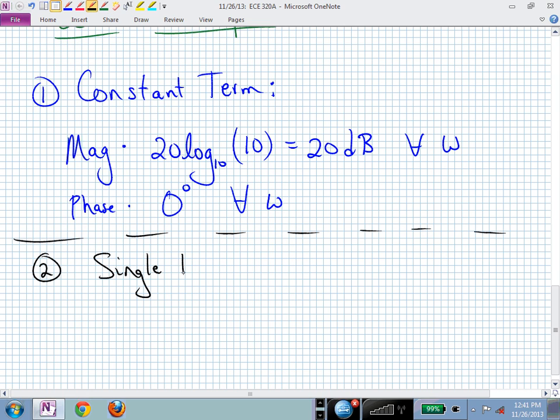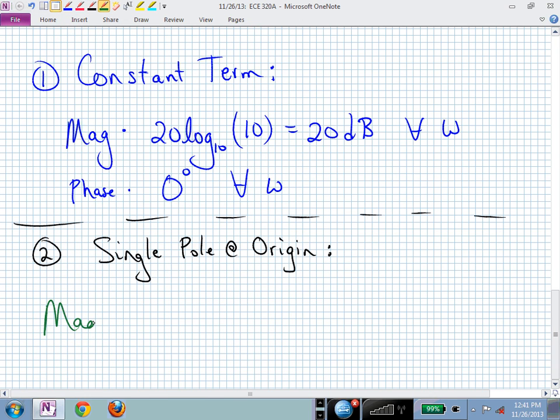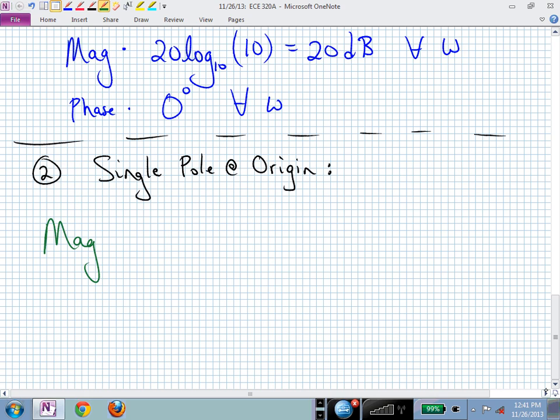Here, let's look at the single pole at the origin. That's our next term. For the single pole at the origin, again, we have the two pieces that we will sketch two different plots for. We have the magnitude piece and the phase piece.